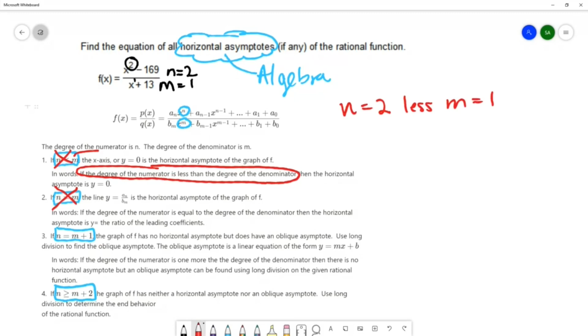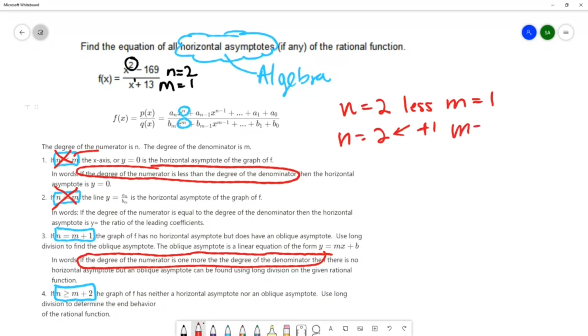And in the next one, if we put that in words, the degree of the numerator is 1 more than the degree of the denominator. So in this case, the degree of the numerator is that 1 more, that's a plus 1, 1 more than the degree of the denominator. And I can see that this is true.